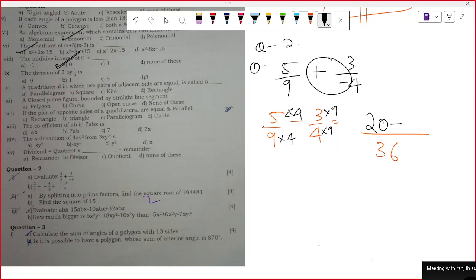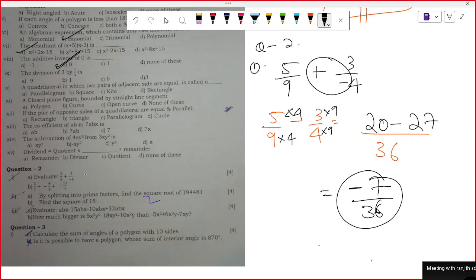So 20 minus 27, we get minus 7 by 36. Correct. Which is greater, 20 or 27? 27 is greater, so minus sign. 27 minus 20 is 7 by 36. Minus 7 by 36, sir.